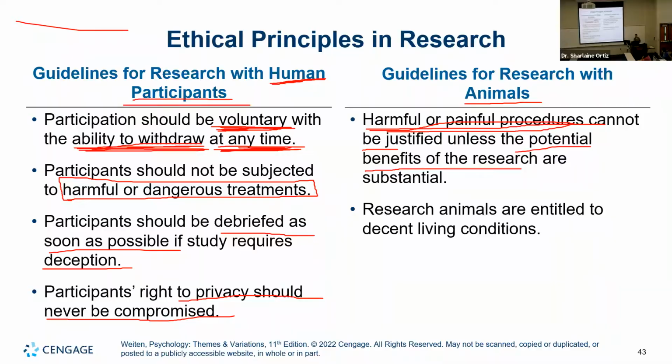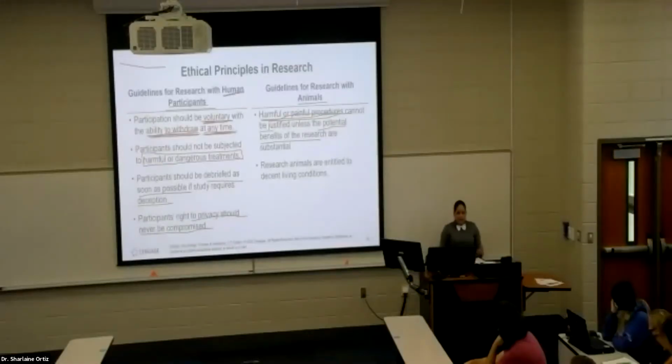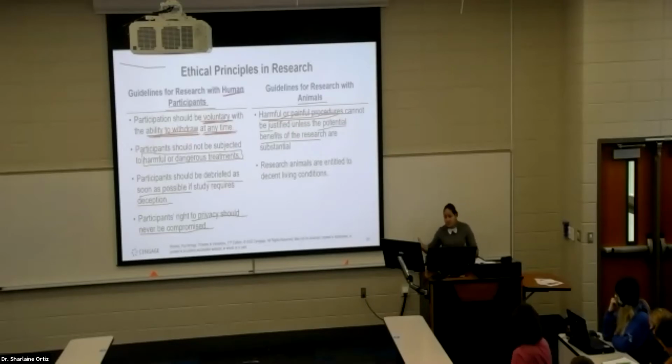What do I mean by that? I cannot say I'm going to have a lab rat, for example, and I'm going to open them up, conduct a surgical procedure, and place an electrode in their brain simply for funsies, right? There has to be a purpose for inflicting this type of pain in order for me to conduct this procedure.